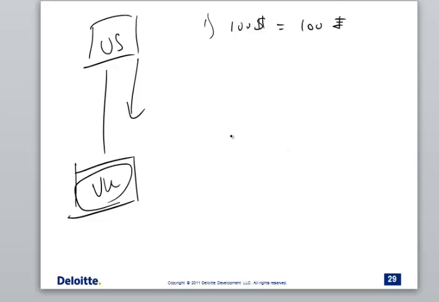You form your UK branch, no big deal. Day two, that same 100 pounds is now worth $125. Okay? Pound is strengthening.